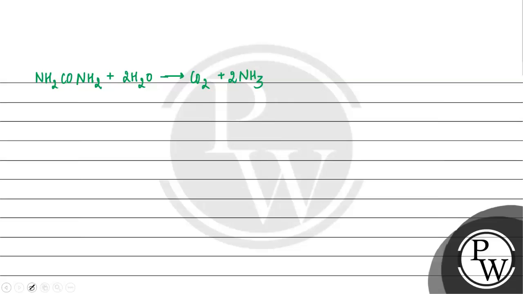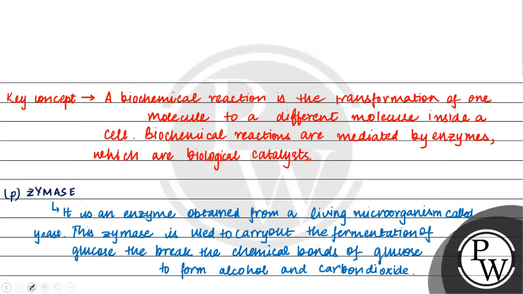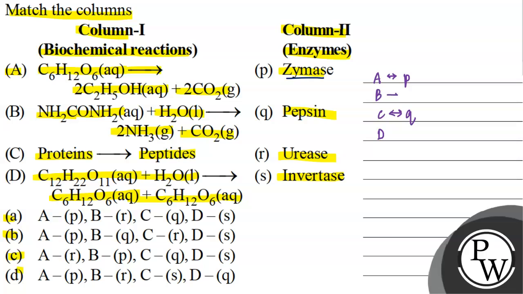So it is in the presence of enzyme urease. तो option number R will match with option number B because urea on hydrolysis is breaking down into ammonia and CO2. तो हमारा option number B will match with option number R in column 2.